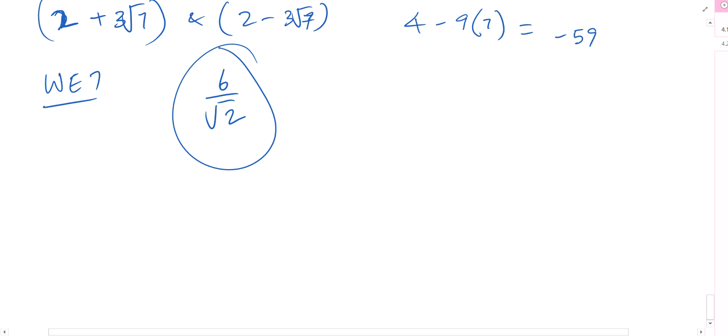So then the question says, read the question. Rationalize the denominator. They want you to rationalize the denominator. Change from irrational to rational. So I don't want the root 2 in the denominator anymore. I want a rational number. So what do you think I can do to both numerator and denominator to get rid of the surd?